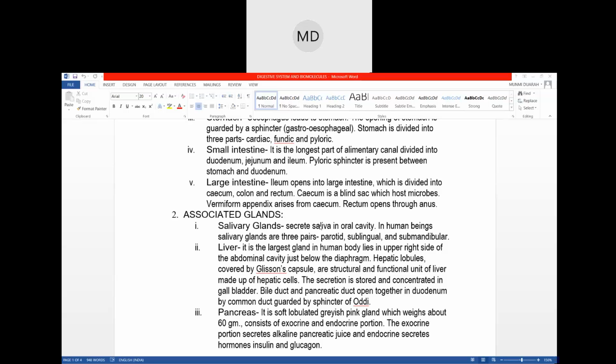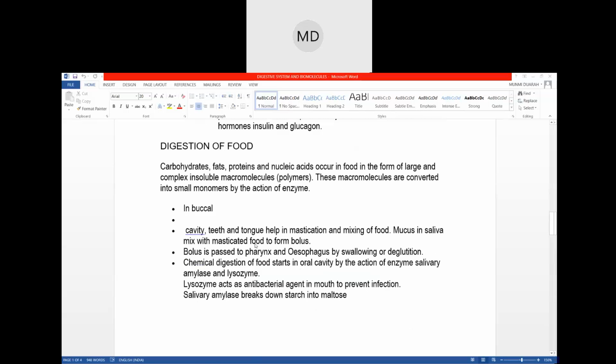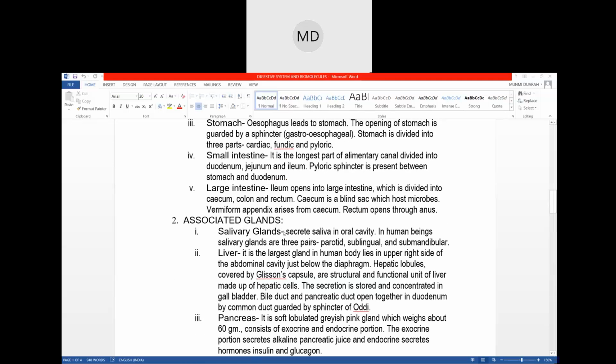We will discuss saliva and salivary amylase in this portion, but for your own benefit, I'm just telling you that saliva has enzymes known as salivary amylase, and those salivary amylase will help in the process of digestion.